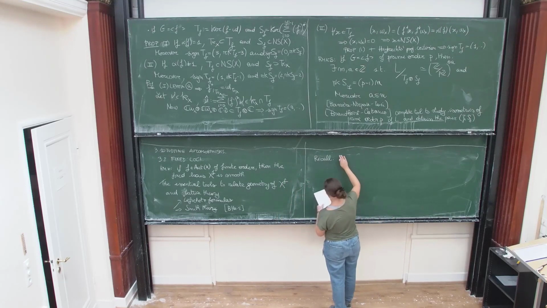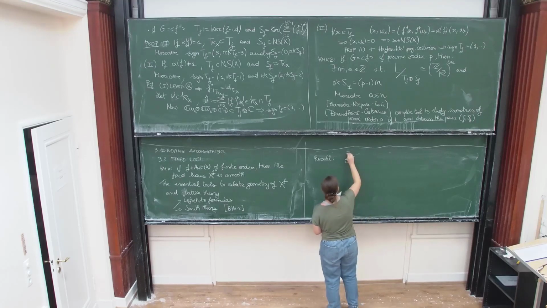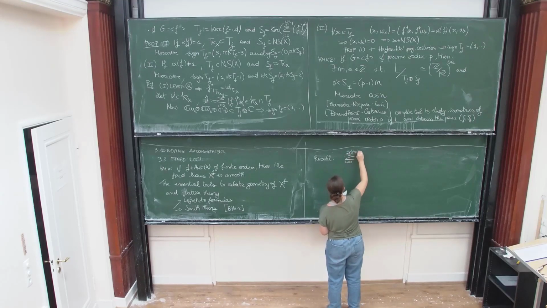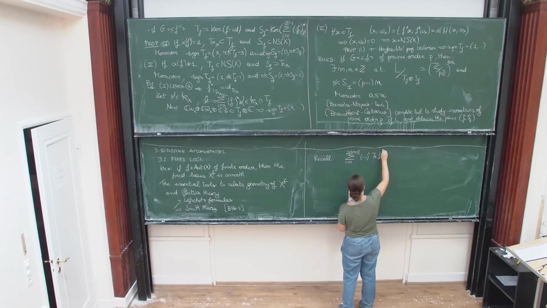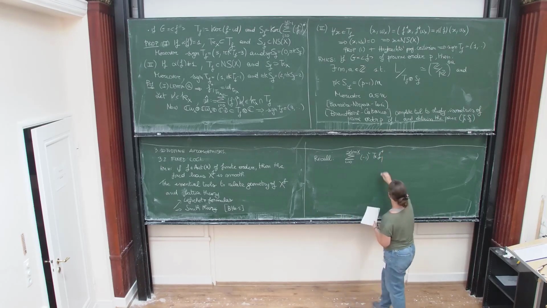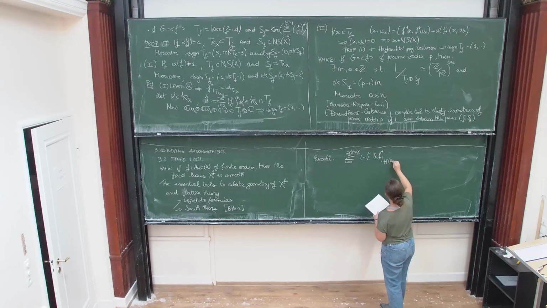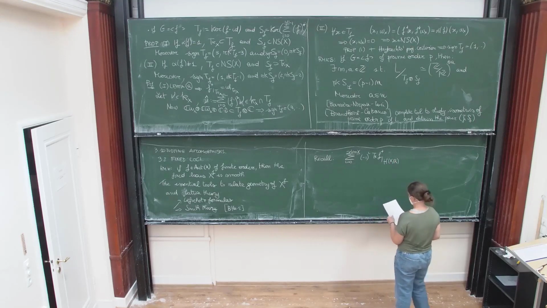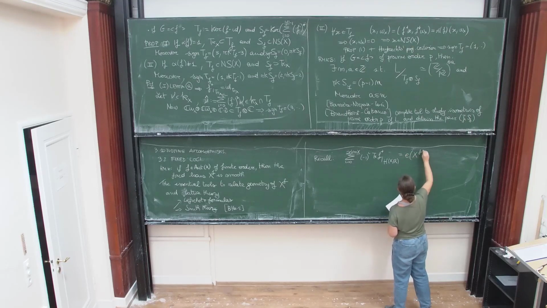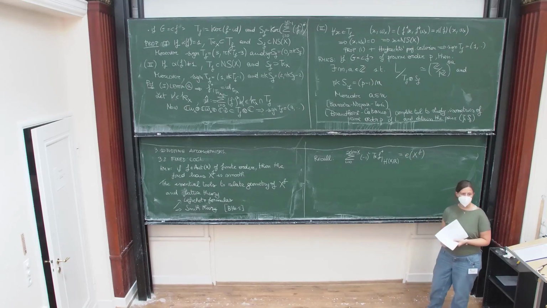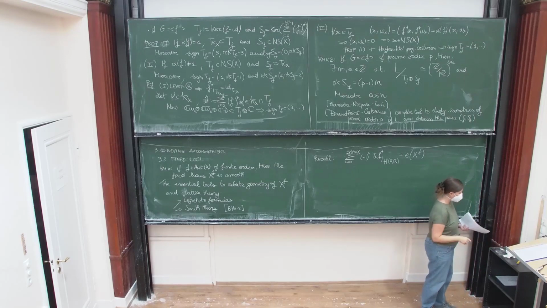So we have that if you do the sum from i to twice the dimension of your X, the alternating sum of the traces of your action in cohomology, what you obtain is the topological Euler characteristic of the fixed locus.